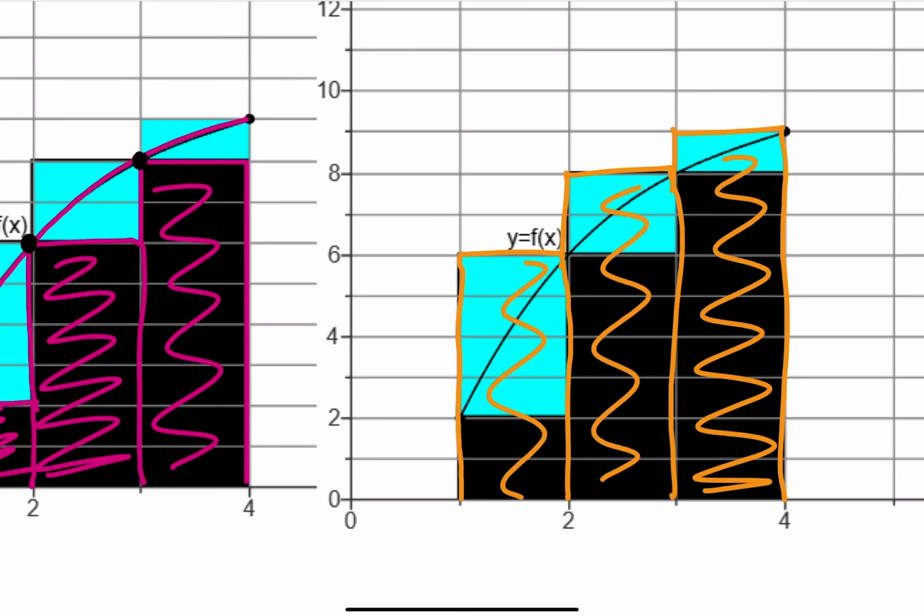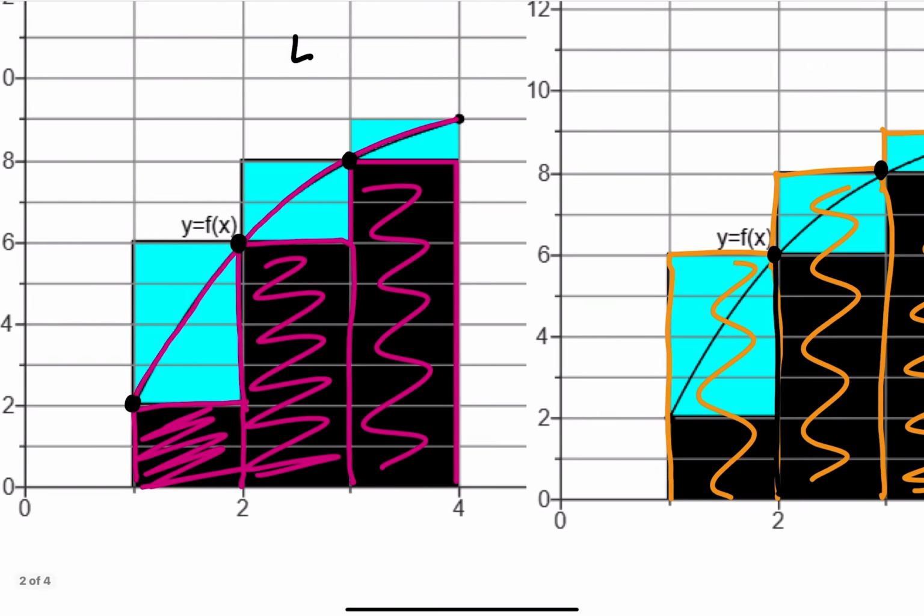This is a right rectangle. Why? Because look at the function value. The function value is on the right side, and that's the height. So this is my R3, right area, because I have 3 rectangles, and this is my L3.